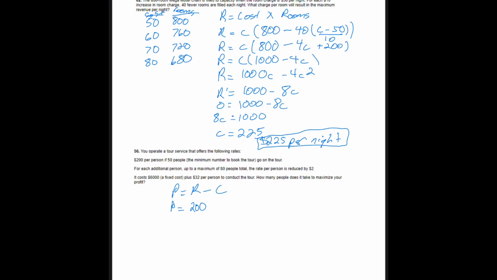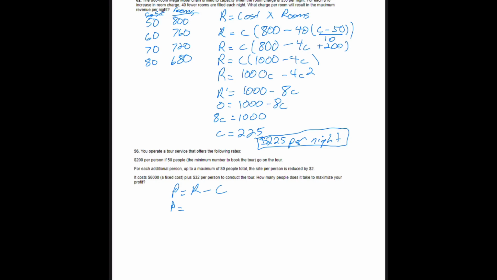So we're going to have two pieces to this equation. So the revenue piece is that I charge $200 per the number of people that go on the tour. So if 50 people go on the tour, I charge $200. For each additional person, the price goes down by $2. So we're going to use a similar formula to the one up here.